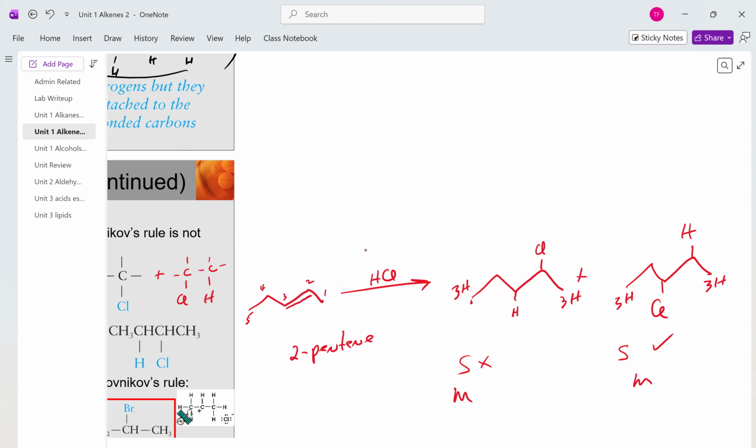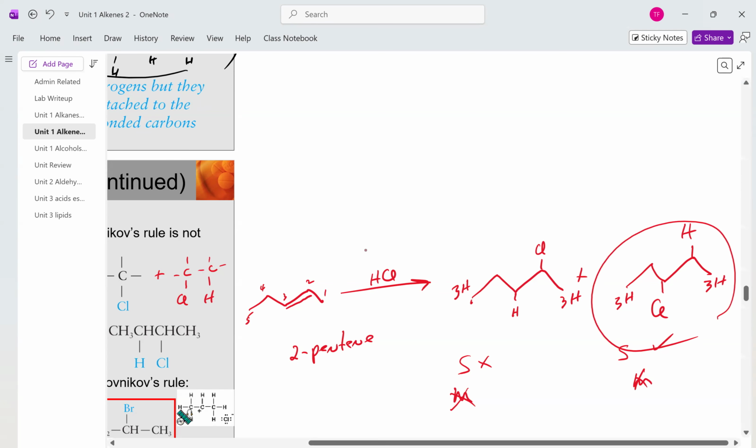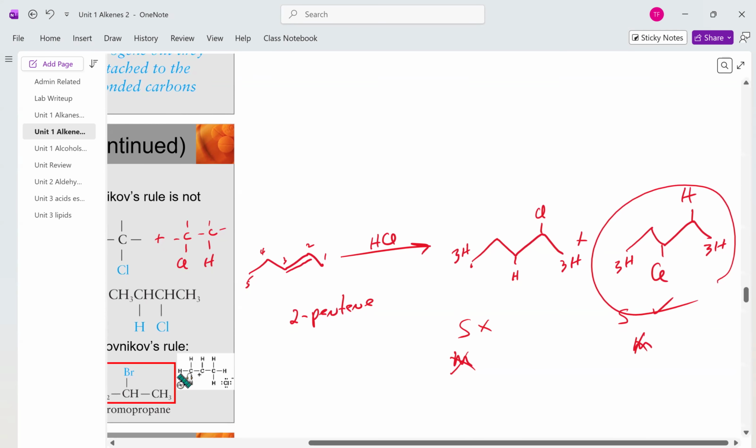Left or right? Neither. 6 H's versus 6 H's. So we can't use Markovnikov. We can only use symmetry. That one's more symmetrical than the one on the left. We also have to name these. So this one's going to be 2-chloropentane. This one's going to be 3-chloropentane.